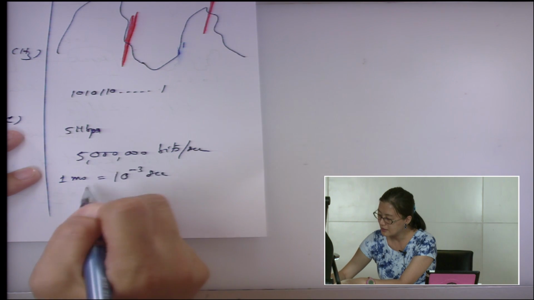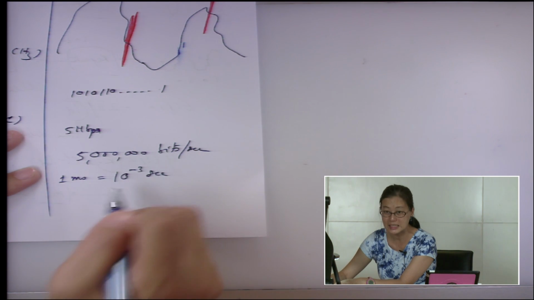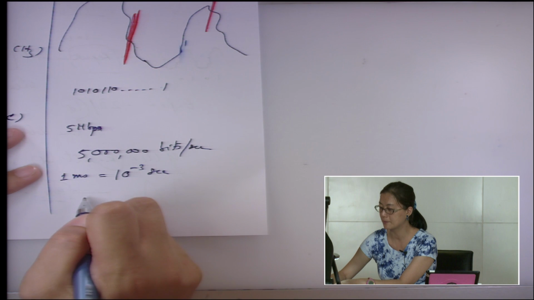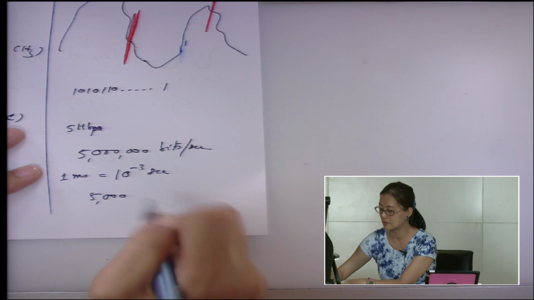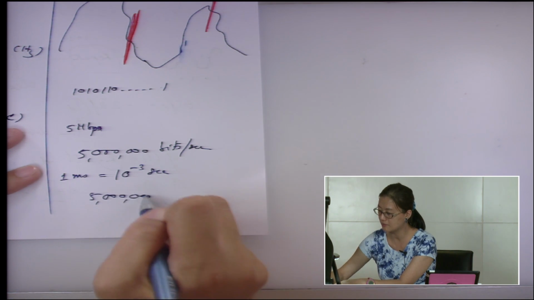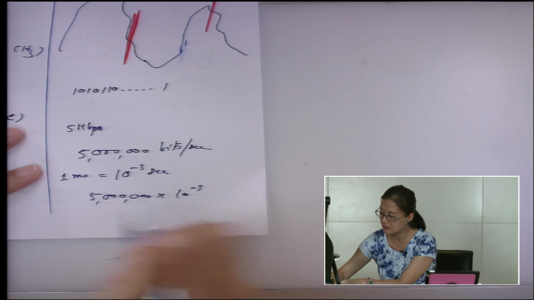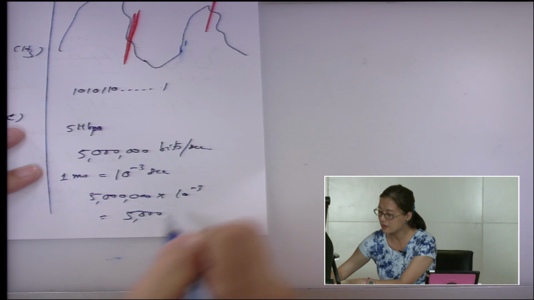If you have a spike of 1 millisecond, you get 5 million multiplied by 10 to the minus 3, so you have a burst error of 5,000 bits already.